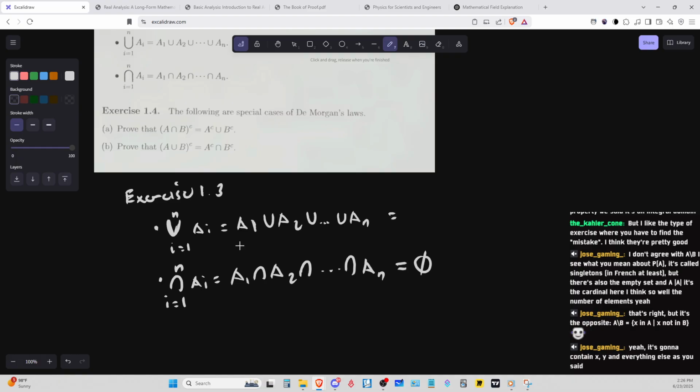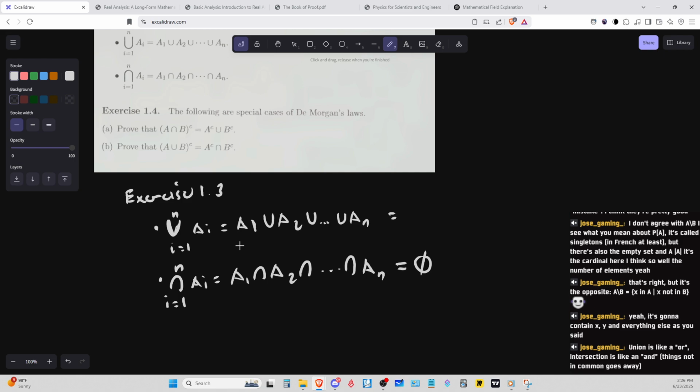Yeah, it's going to contain X, Y, and everything else, as you said. I think it's because my brain is telling me it's going all the way to AN, right? And let's say we have a bunch of singletons, and there's a singleton within each of these sets.